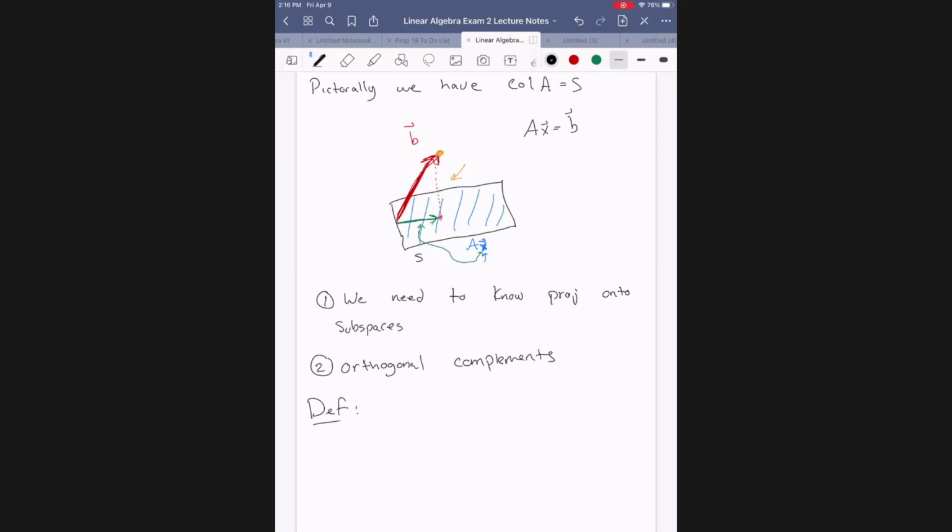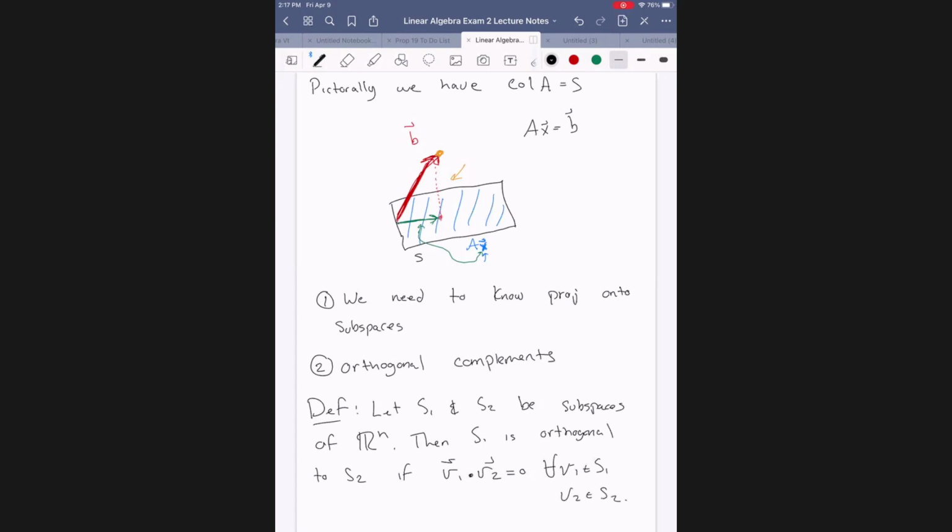Let S1 and S2 be subspaces of the vector space Rn. Then S1 is orthogonal to S2 if v1 dot v2 is equal to 0 for every v1 in S1 and v2 in S2.